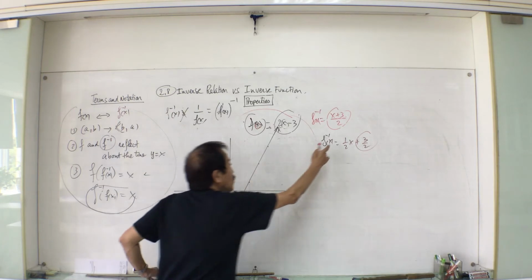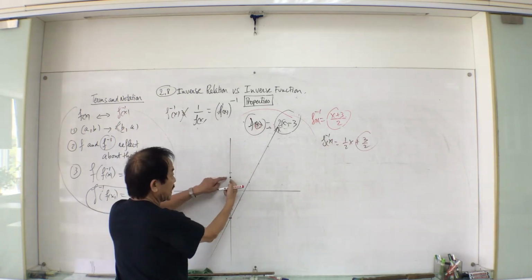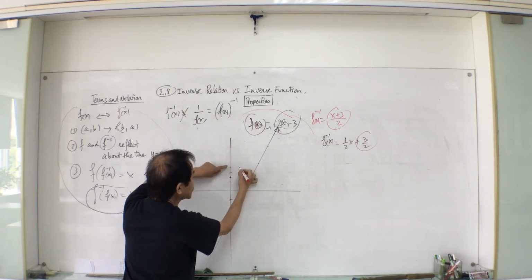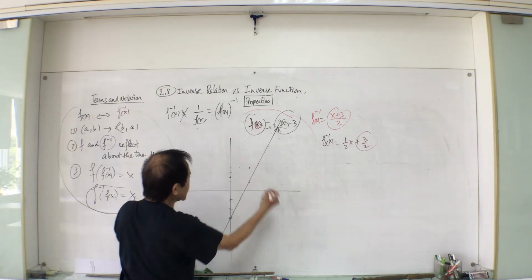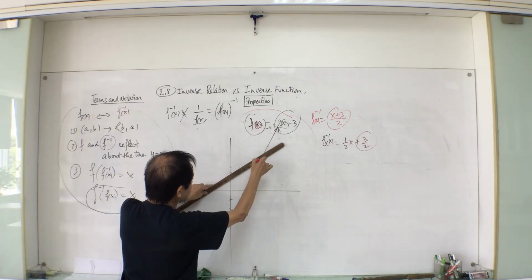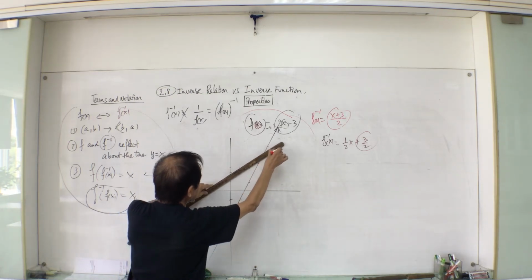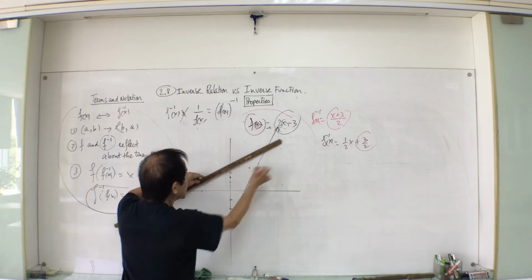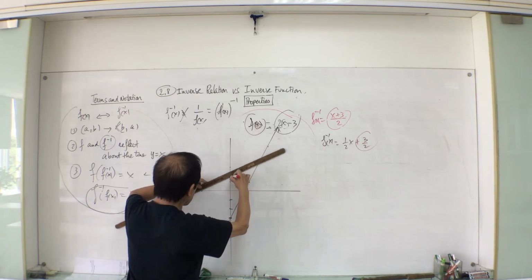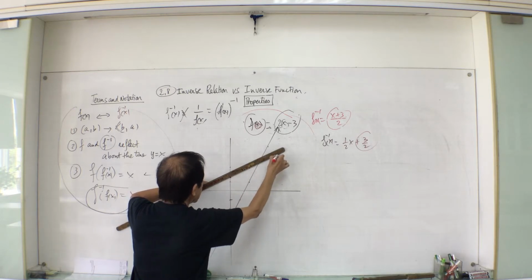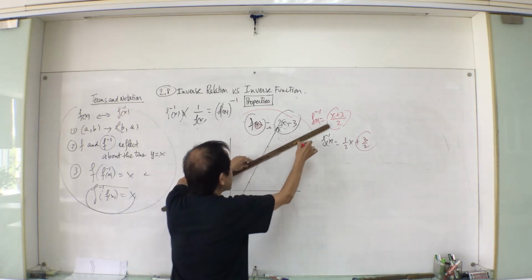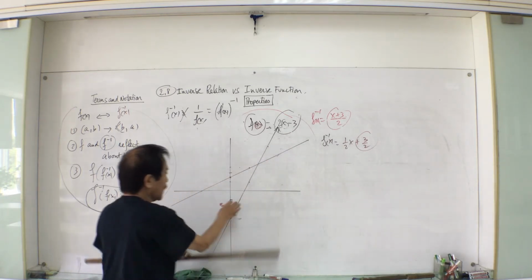And the slope equal 1 over 2. So I go up 1, go to the right 2, and I get the second point. Then I get the graph like this. So the red one is the inverse of the black line here.